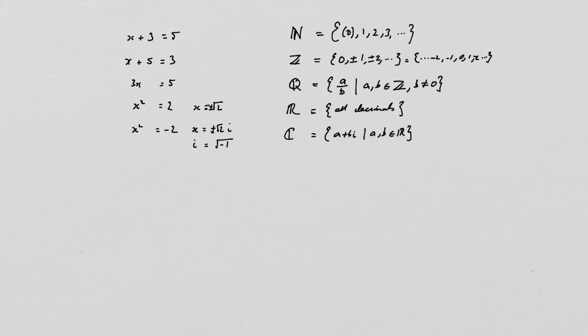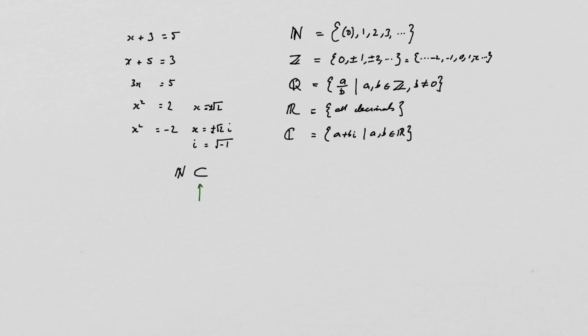So we then have a very lovely chain of sets, because all the numbers that are in the natural numbers are included in this symbol, which is like a less than sign, but it's for sets, so it means included.